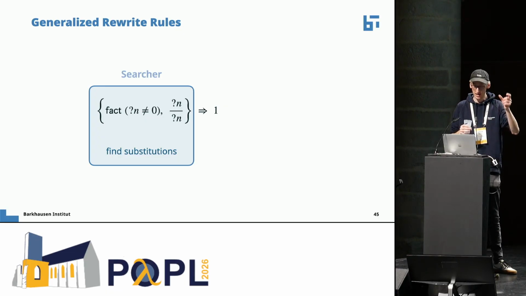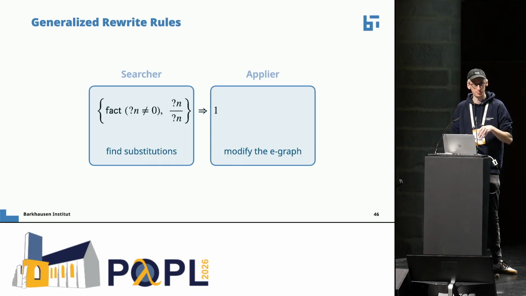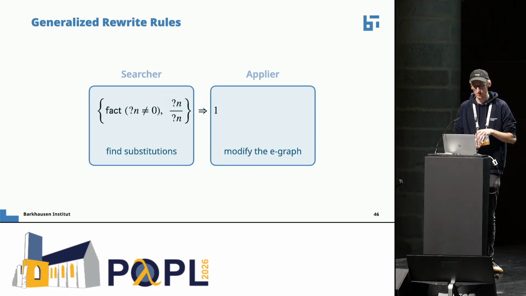So providing a pattern is a very natural way of specifying what that procedure should be, but really it could be an arbitrary computation. Now the same goes for the right-hand side of the rewrite rule. After the searcher produces a set of substitutions, the applier can simply modify the E-graph in any way it wants based on that substitution. Now again, providing a pattern is a very natural interpretation.